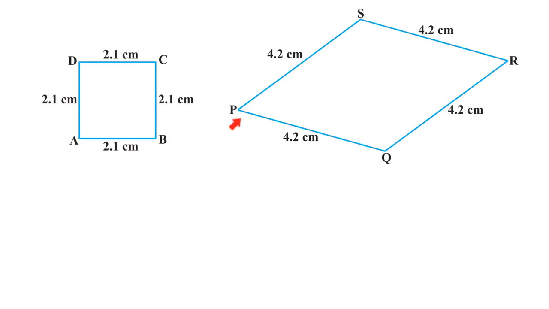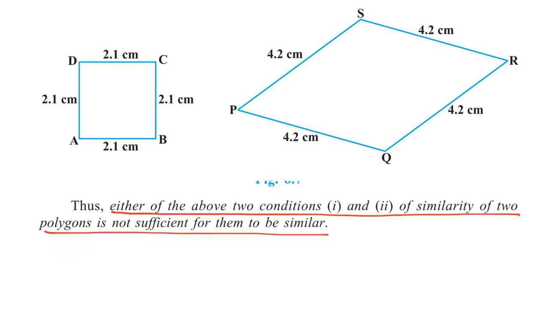So these two quadrilaterals are not similar. We can conclude that either of the above two conditions, 1 and 2, of similarity of two polygons is not sufficient for them to be similar. Both the conditions have to be satisfied in order for the polygons to be similar.